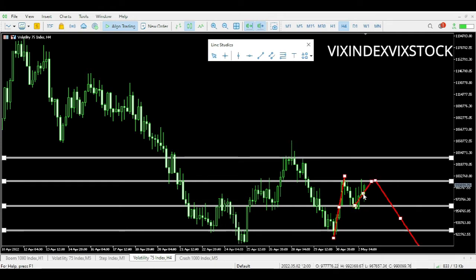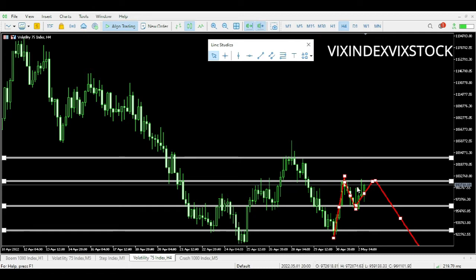Okay, so you can see what's happening here, what we might potentially have. I'm not saying this is what's going to happen. I already said if we break through this zone, then it's going to invalidate my thinking. Then we're potentially going to go this way.